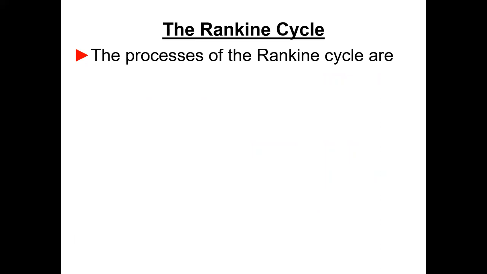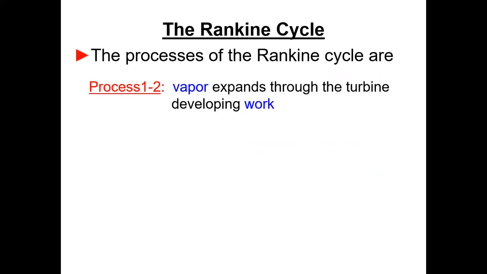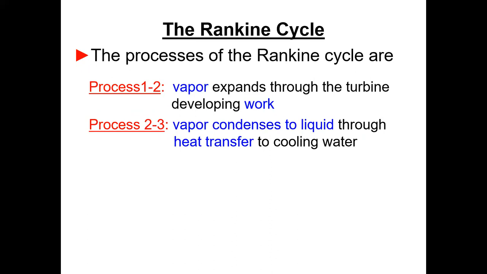So the processes of the Rankine cycle are, well, we know the turbine, 1 to 2, where we wind up with fairly high pressure, high temperature steam, vapor, and we let it expand, we let the pressure drop. As the pressure drops, the working fluid expands. That's one of the terms used for vapor expanding through the turbine to develop work.